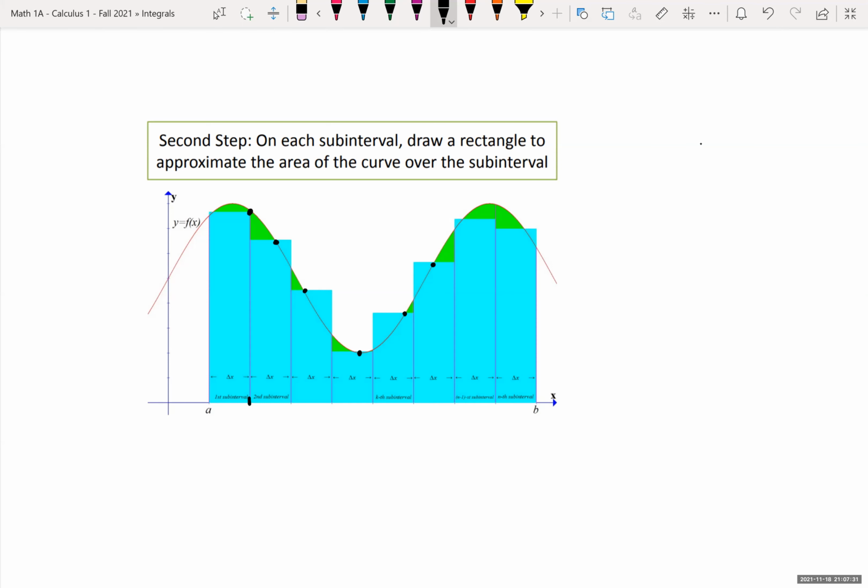So in this case, maybe I called this x sub 1 here, and f of x sub 1 is my height. Here, maybe I can call this x sub 2, and this height in here is f of x sub 2. So I can do that and get the height of each piece of my rectangle.